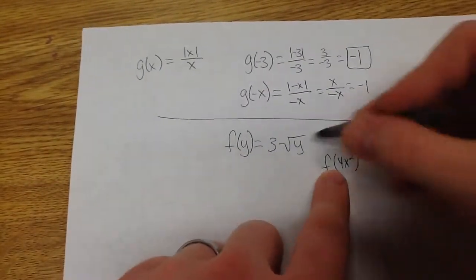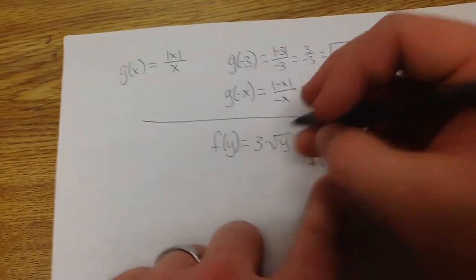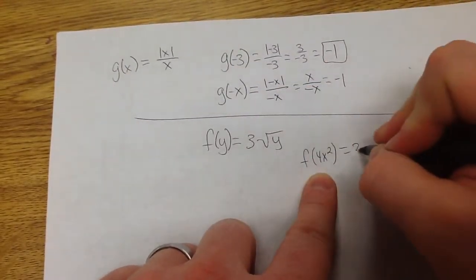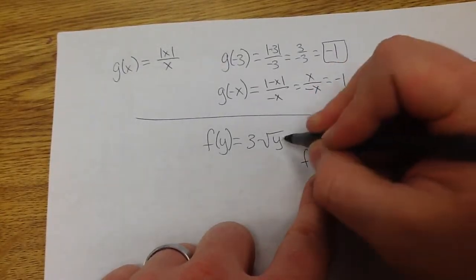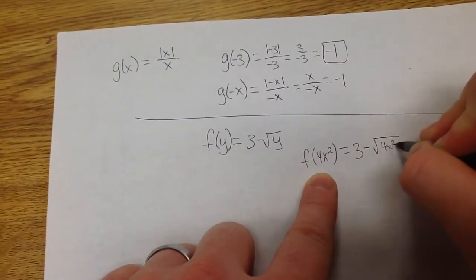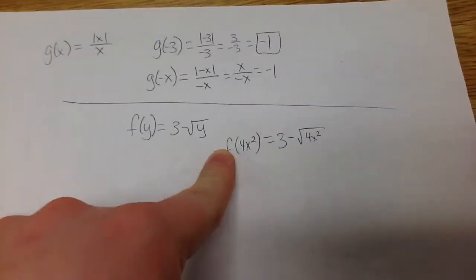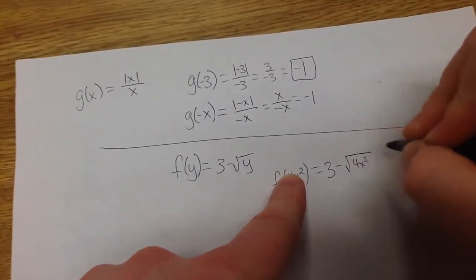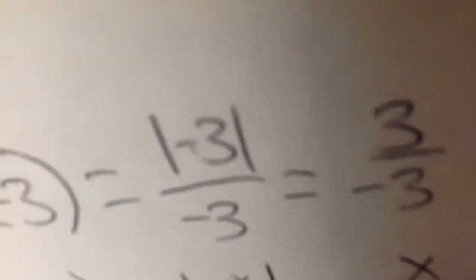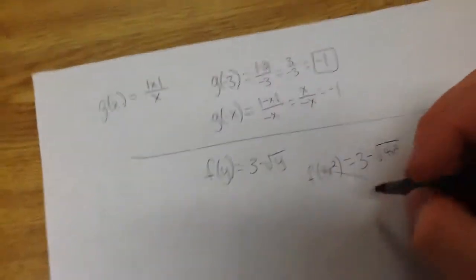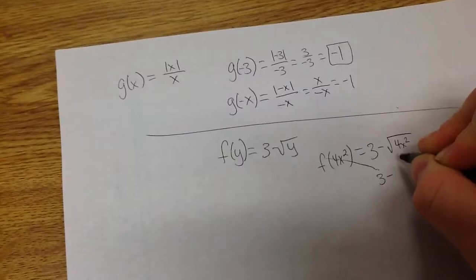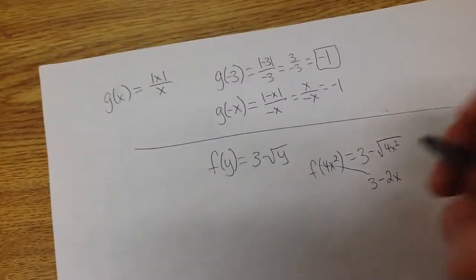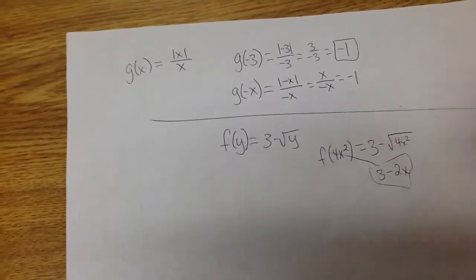Well, you just plug that in for that variable and simplify it. So it'd be 3 minus the square root of, and I plug that in there, so I'd have 4x squared. Simplify as much as possible. We know the square root of 4 is 2, square root of x squared is x, so it's just 3 minus 2x, and that would be it. Just simplify it as much as possible.